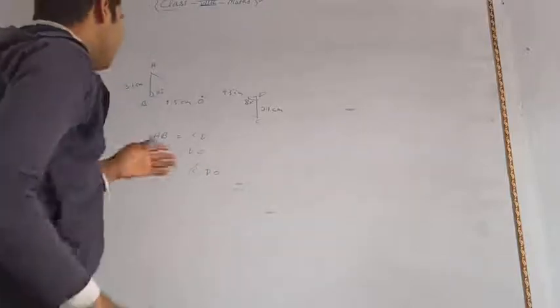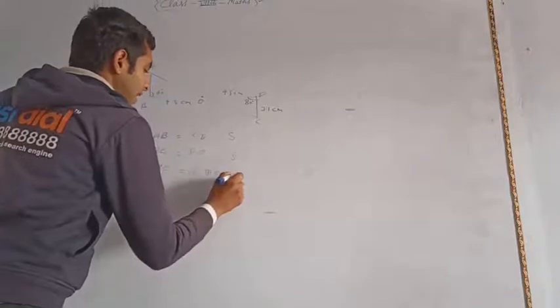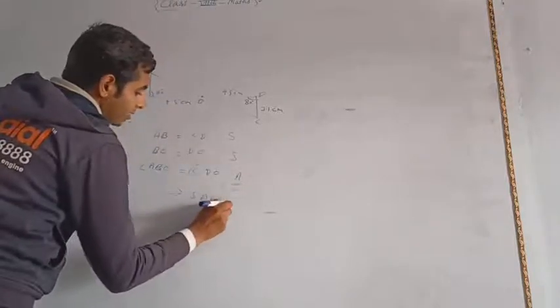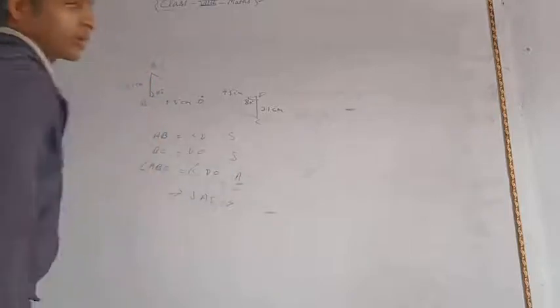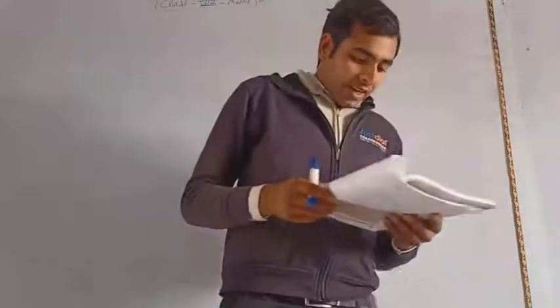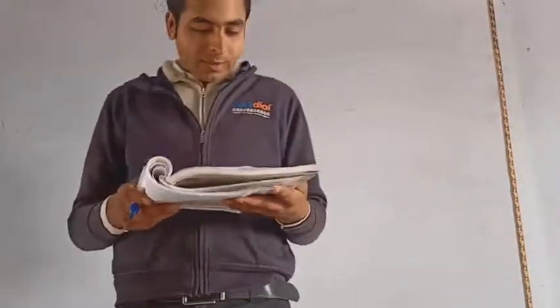So from here you can see that the congruency is side-angle-side, so here follows the SAS congruency rule. Again, in figures C, D, E, you have to solve these yourself, and this is an easy problem.